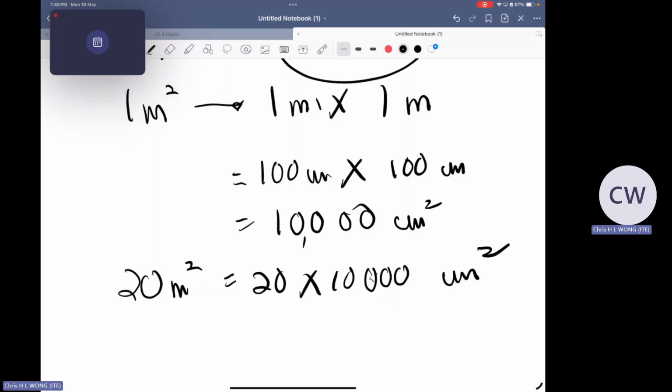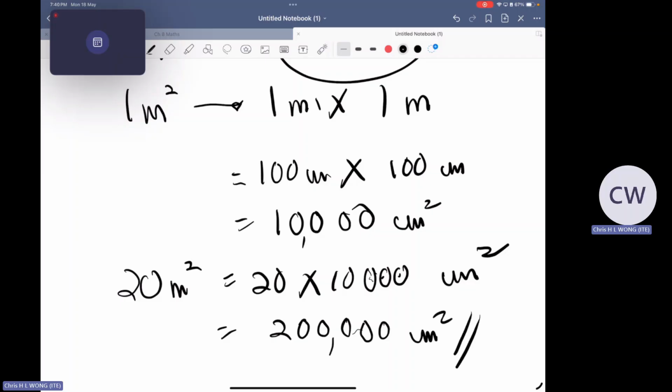Okay. 20 times 10,000. So how many zero? You count 1, 2, 3, 4, 5. 5 zeros plus a 2. So 200,000 centimeter square. That's the answer.